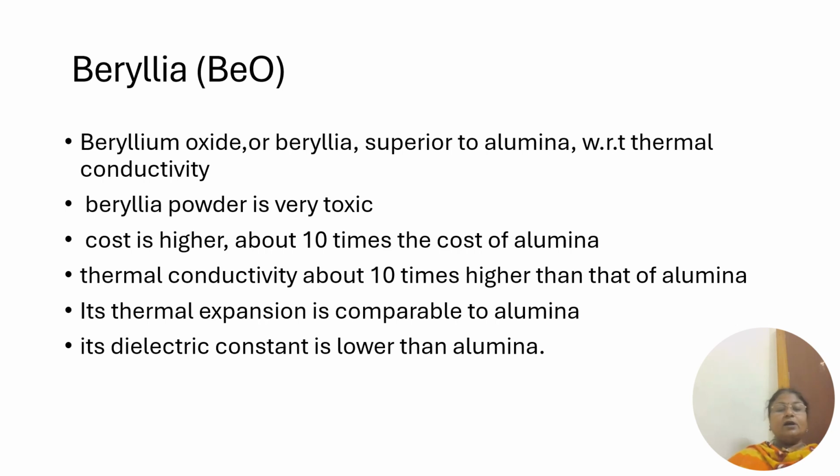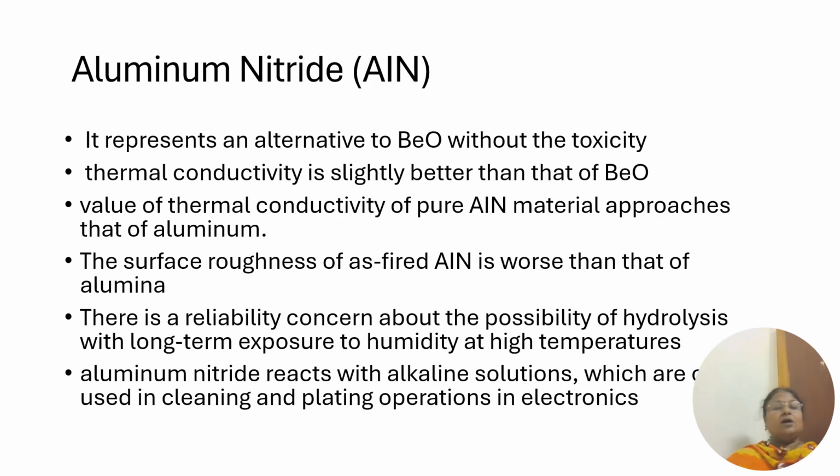Cost is higher, about 10 times costlier than aluminum. So nobody is going to prefer it. Then why is it used? Its thermal conductivity is 10 times higher, its thermal expansion is comparable to aluminum, and the dielectric constant is also lower than aluminum. If you take aluminum nitride in comparison with beryllium oxide, the toxicity level we need to analyze.